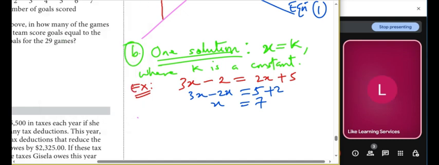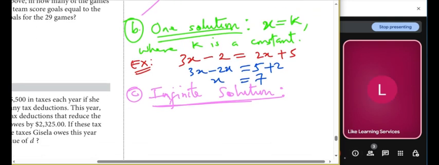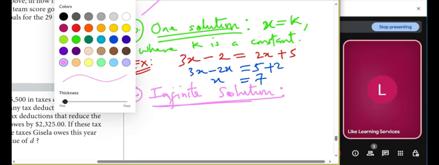Now, infinite solution. There can be uncountable solutions. When you end up getting x equal to x, or a number equal to a number. You hear me? Let me say that again.